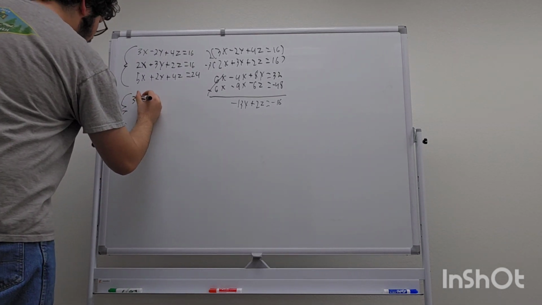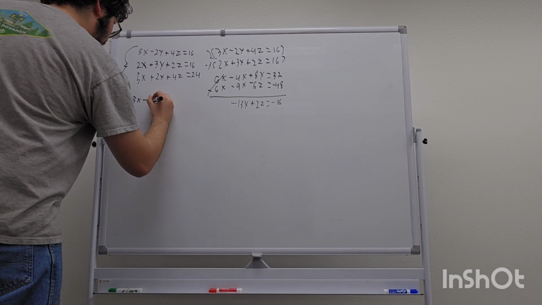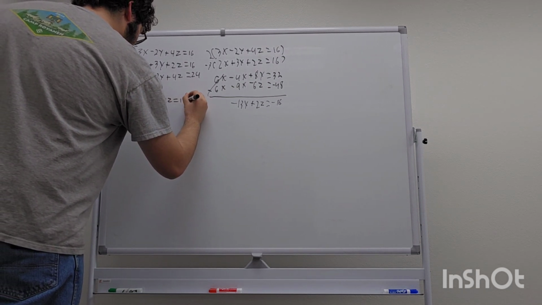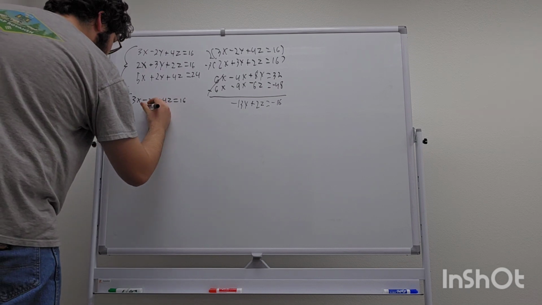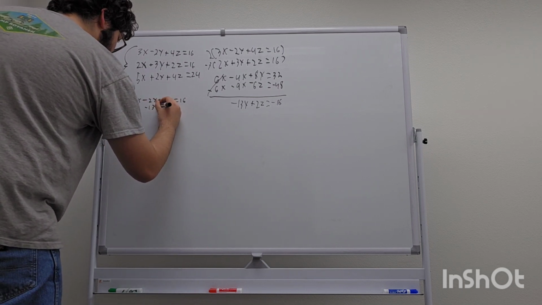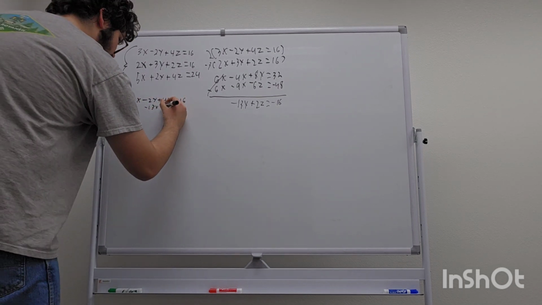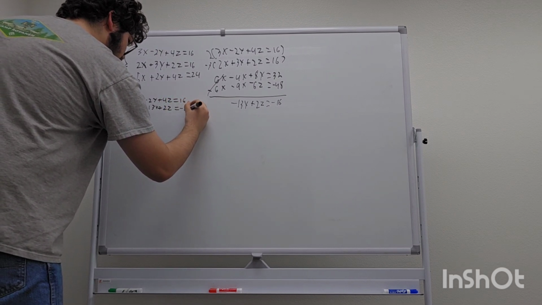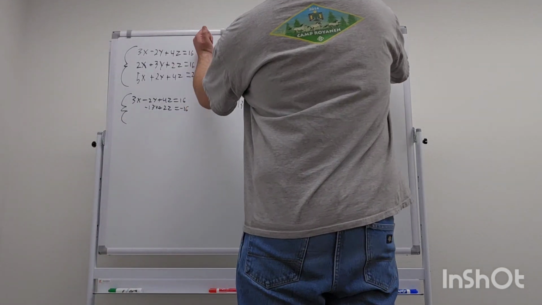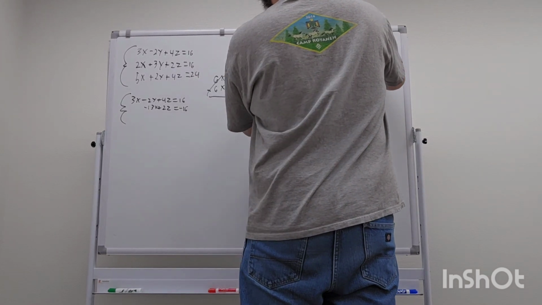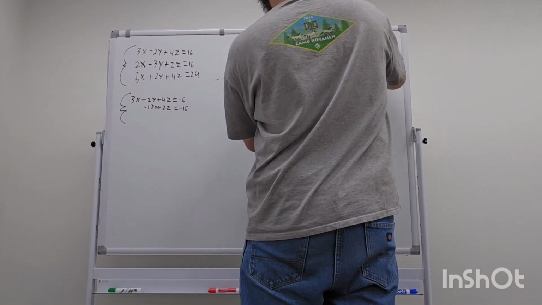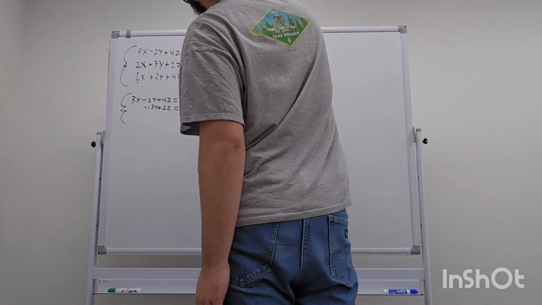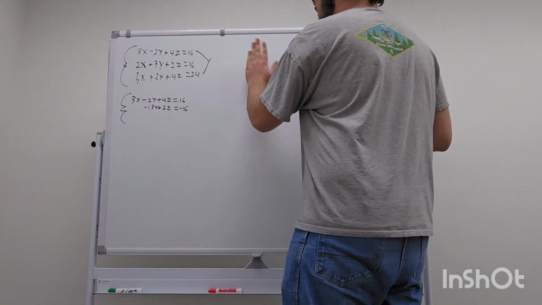We're going to leave the top equation the same. However, we're going to put in our new equation down here real quick. And now we're going to do the exact same thing with the top and the bottom equation.